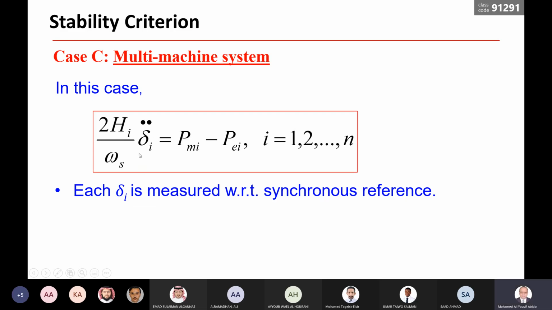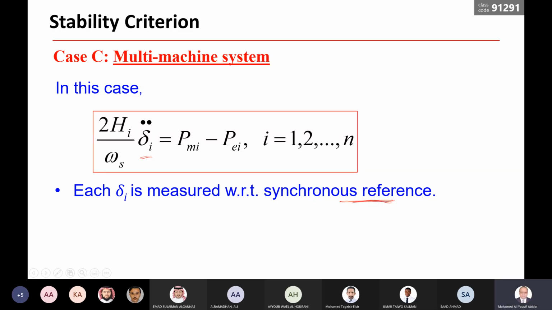This angle, what is the reference of this angle? This angle is measured with respect to a synchronous reference, and you have to have a reference in this system.